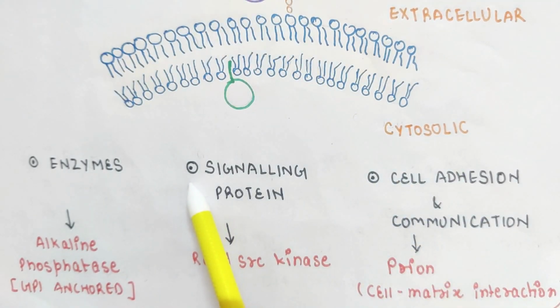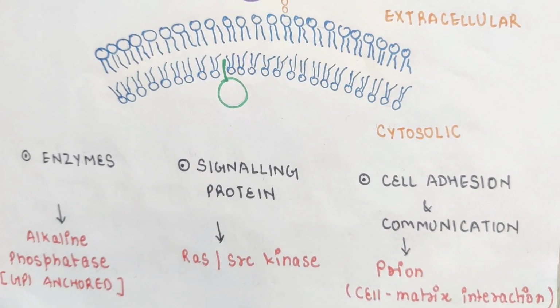Next, these lipid anchored proteins also act as signaling proteins, for example RAS or SRC family kinases, which are found on the cytosolic side, where RAS proteins are involved in growth factor signaling in RTK pathways, while SRC family kinases are involved in certain phosphorylation cascades.